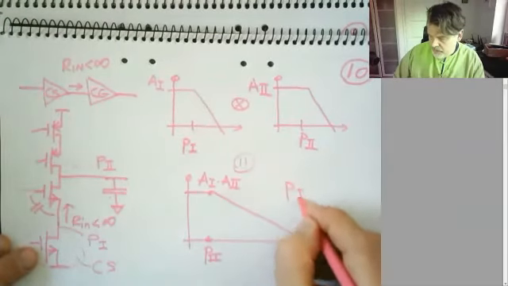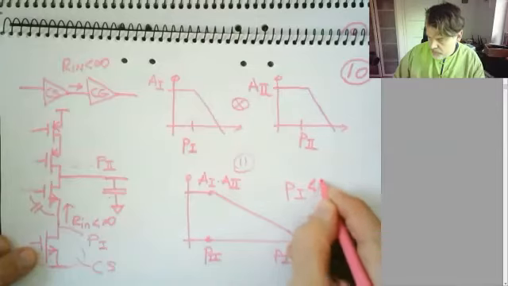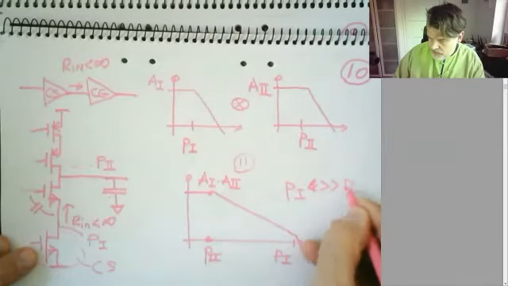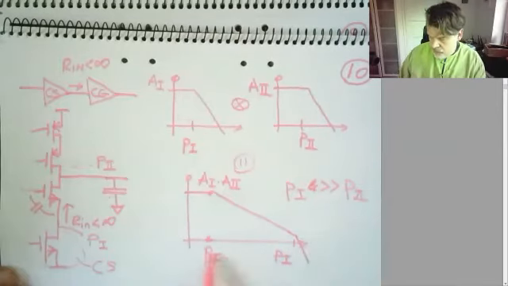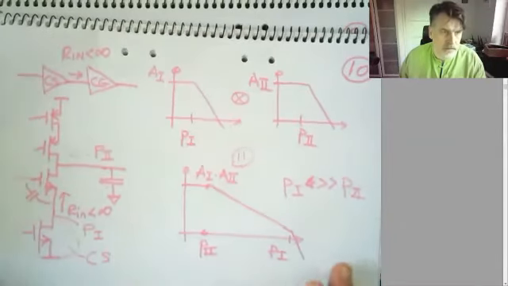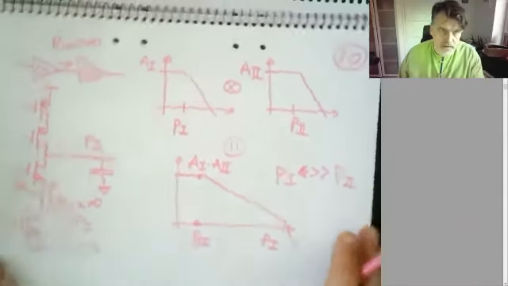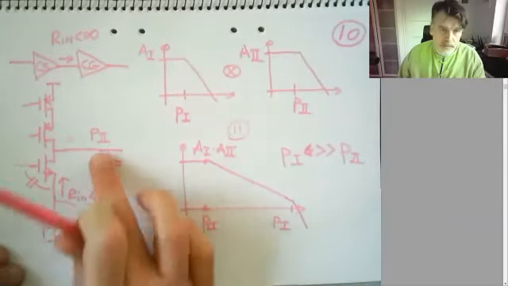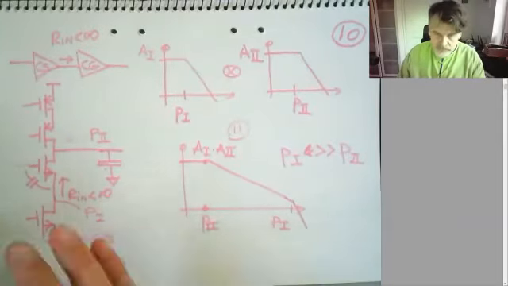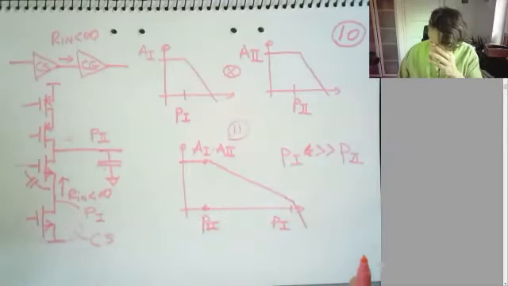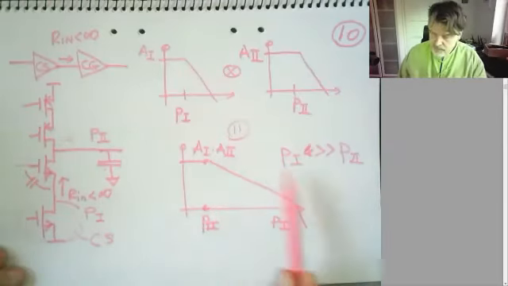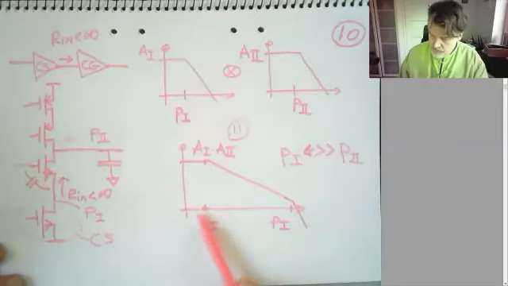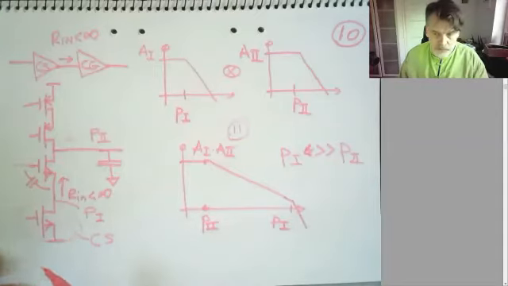I'm pretty certain that P1 is much larger than P2 to separate the poles from each other. That's not necessarily the case, obviously. There could be a very low capacitive load here, for example. We don't really know. But it's a fair assumption that they have more well-separated poles.